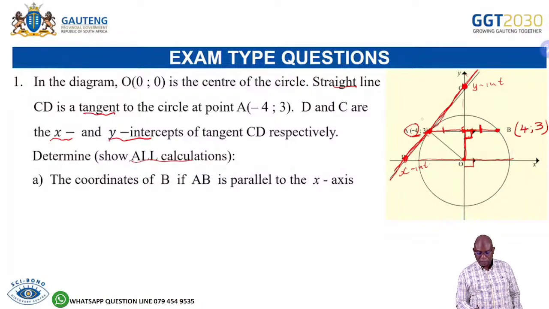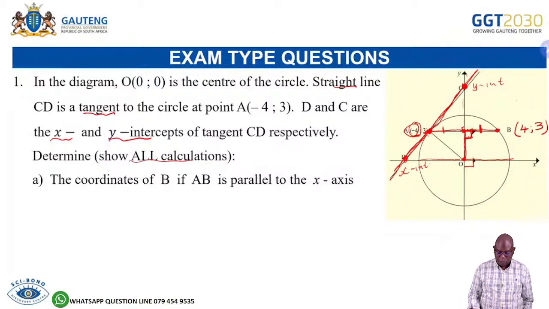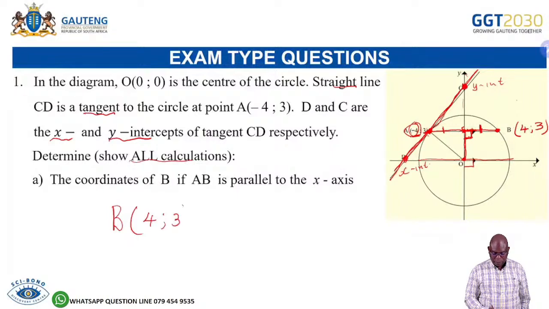This side is negative, but on the other side, in the first quadrant, the x value should be positive. So the coordinates of B will be nothing else but 4 and 3. It's on the circle again, so it makes sense. Okay, right.